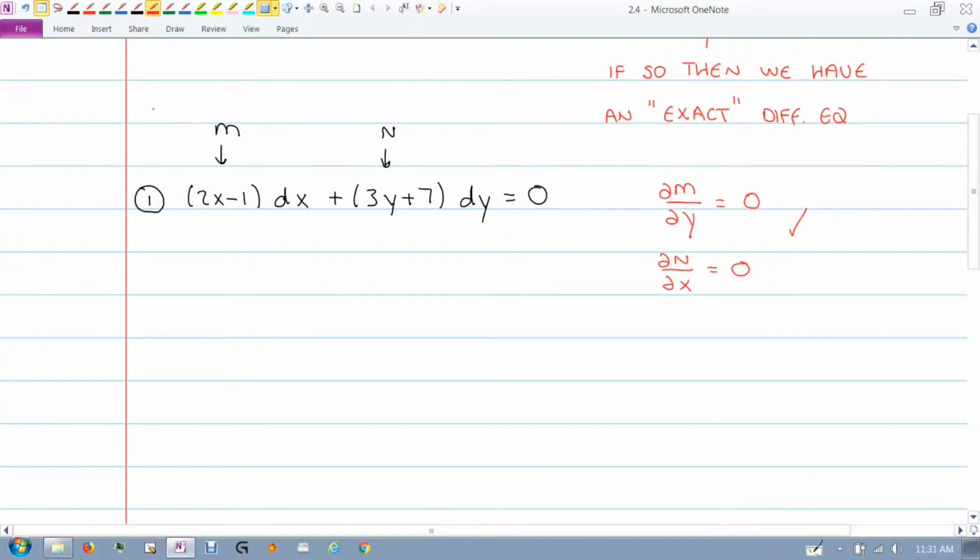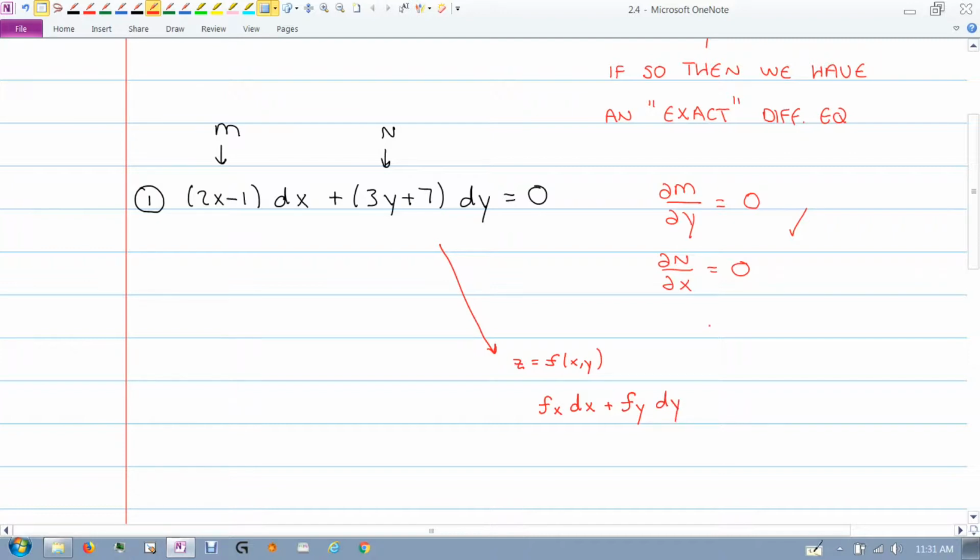Well, what we can do is remember that what we're trying to determine is that this up here is the total derivative of some function z, which is some function of x and y. And so its total derivative would be the partial of f with respect to x dx plus partial of f with respect to y dy.